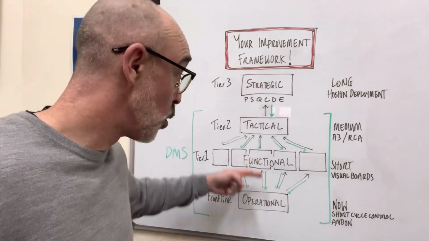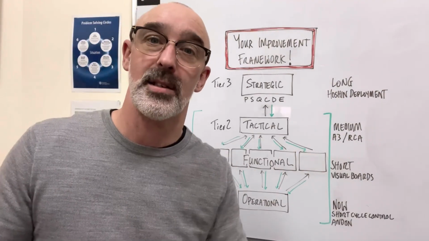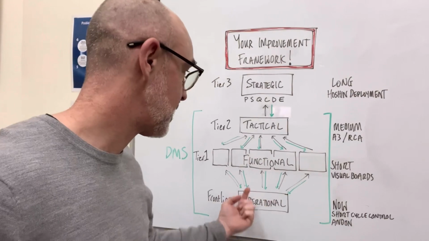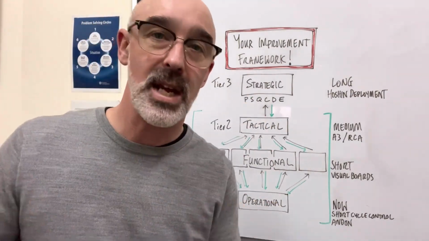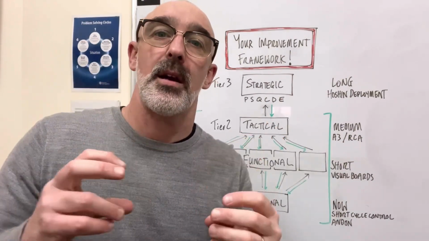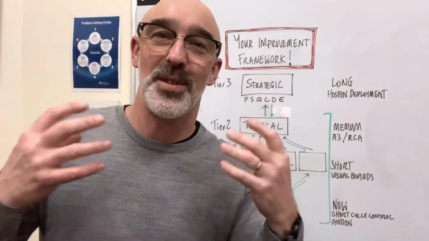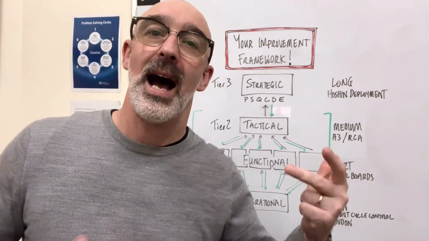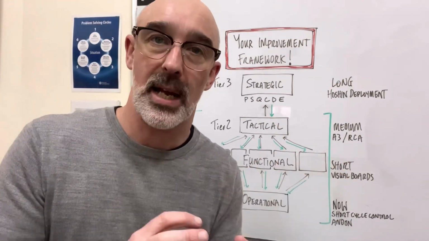We want good quality flow of communication: the right communication in the right place at the right time. That's escalation, but it's also feedback. At the tier 2 level, we bring functions together to have shared objectives, to make decisions, to allocate resources, and to rally around shared objectives.